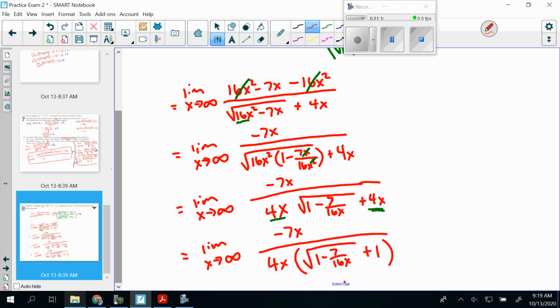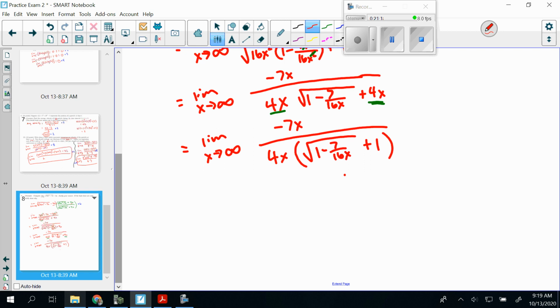Now what we want to do is multiply by the reciprocal of the biggest power in the denominator. Biggest power in the denominator is that x to the first. So we want to multiply by 1 over x to the top and 1 over x to the bottom.